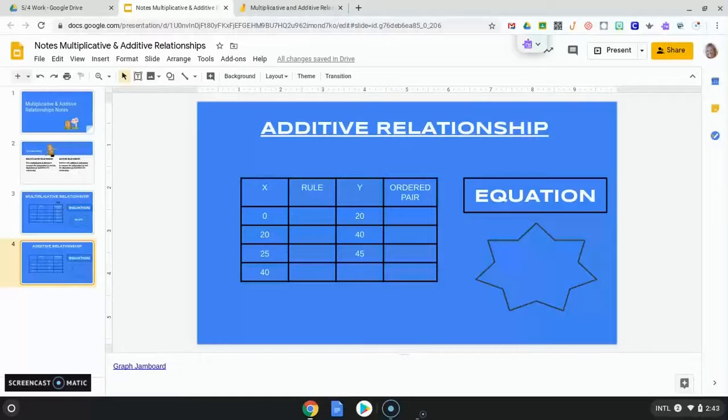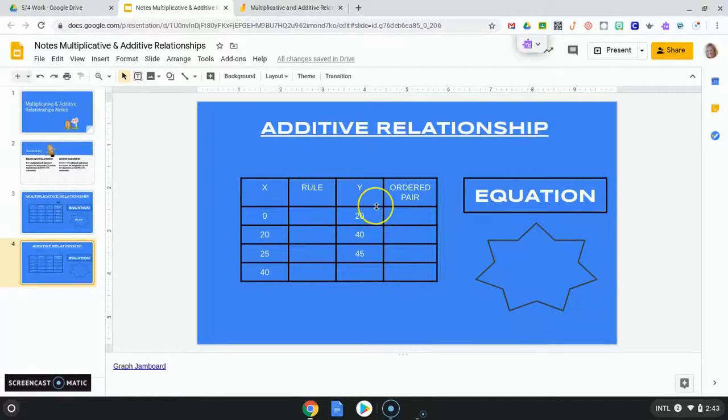So this is going to be when I look at this table and I'm trying to figure out my rule, I can look and say, okay, well, 20 divided by 0 is just going to be 0, which means I'm going to get something different every time. 40 divided by 20, that's going to be 2. So already I have different answers here. So I'm looking for a different rule here. How am I getting from x to y?